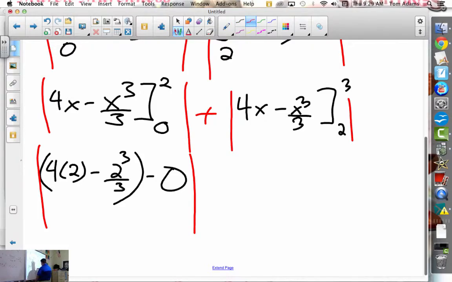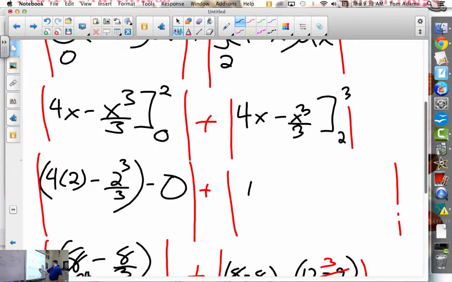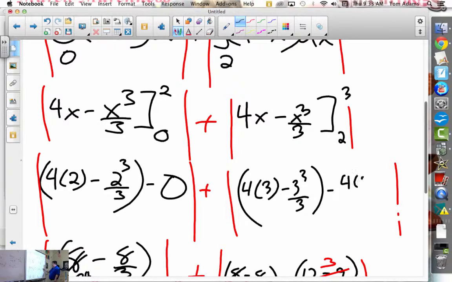Over here, I'm going to do the same thing. Let me make sure that I do it the right way. So this is supposed to be 4 times 3 minus 3 cubed over 3, right? Minus, okay, 4 times 2 minus 2 cubed over 3, like that.